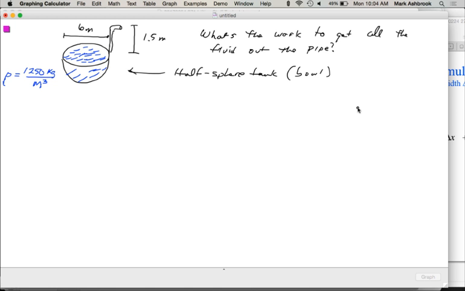Okay, and so we're on the same page, we're going to call up and down dimensions in this problem y, and left and right dimensions x. There are still different ways to do it, but whatever you're calling an up and down dimension, use y. Whatever you're calling a side by side dimension, use x.